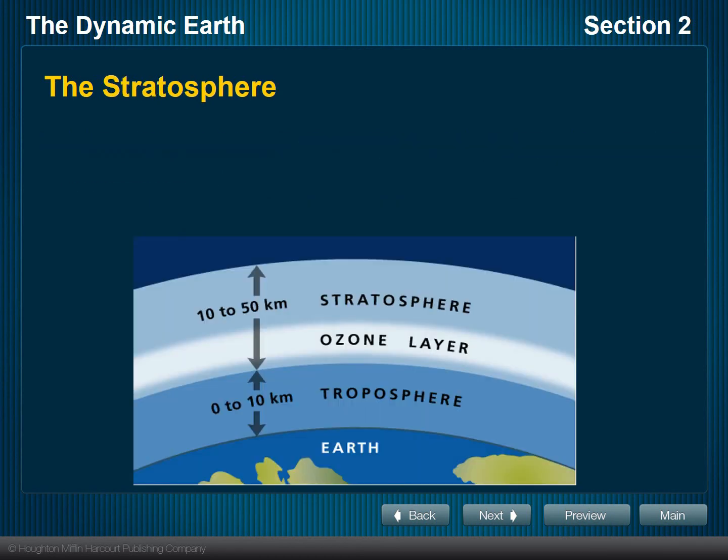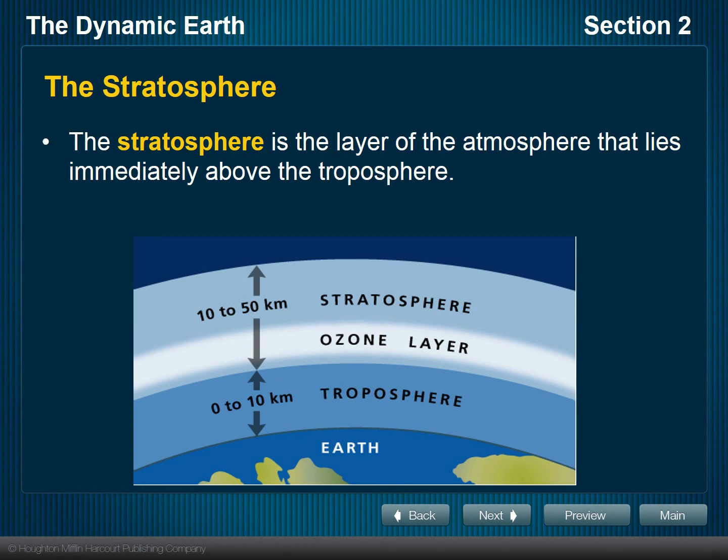The stratosphere is the layer of atmosphere that lies immediately above the troposphere and extends from about 18 to 50 kilometers above the Earth's surface. Temperature rises as the altitude increases because ozone in the stratosphere absorbs the sun's ultraviolet energy, known as UV rays, and warms the air.